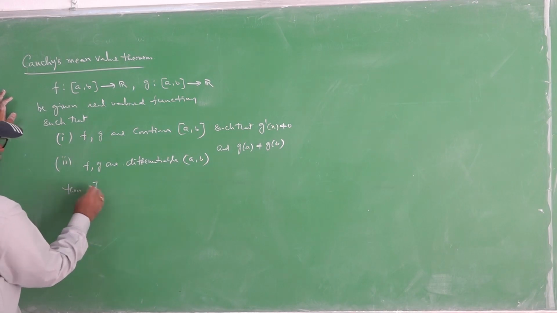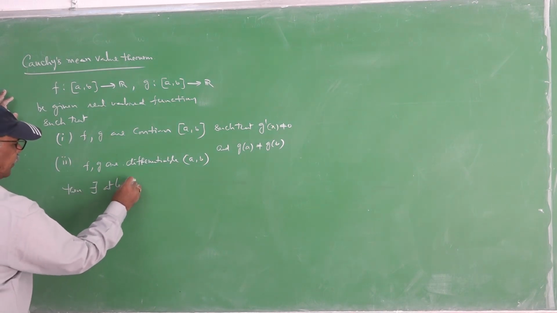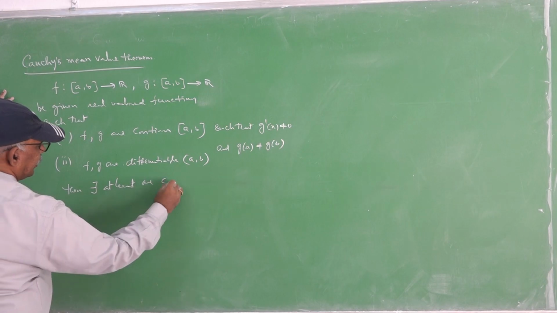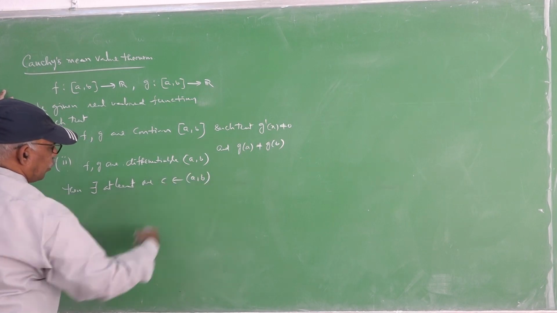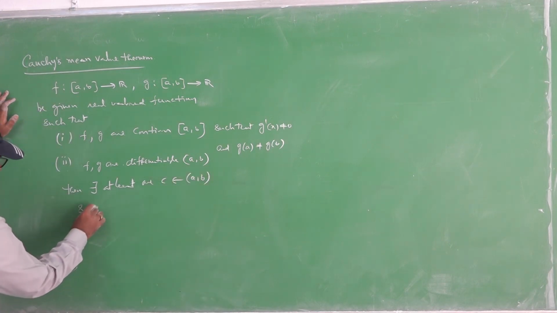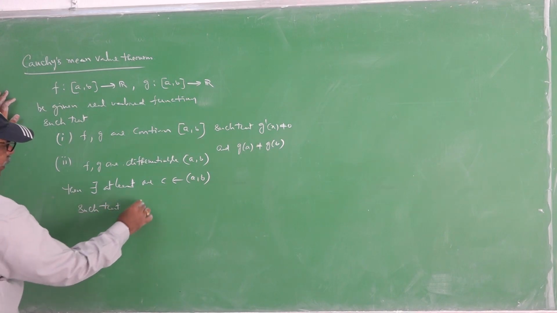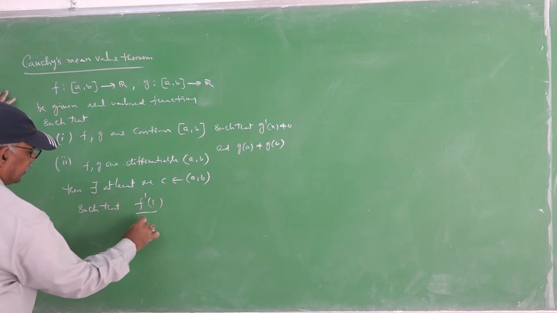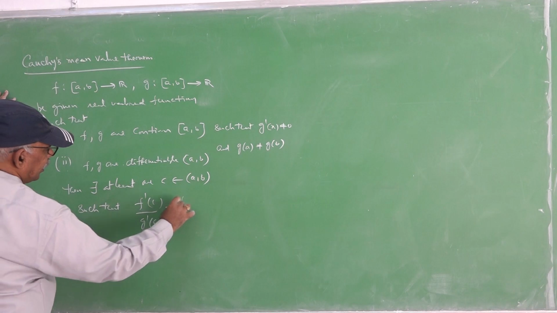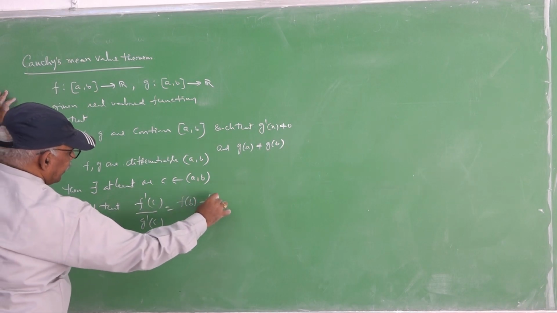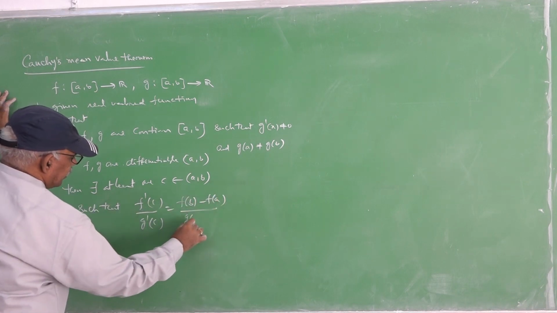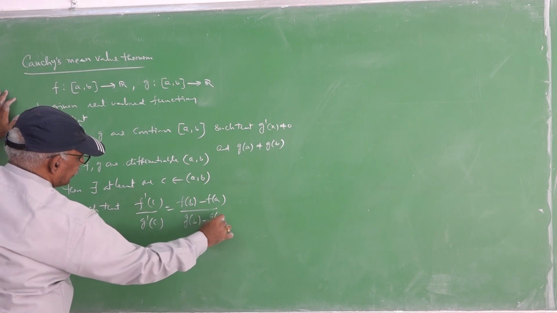Then there exists at least one c that belongs to the open interval a b such that f dash c by g dash c equal to (f of b minus f of a) by (g of b minus g of a).